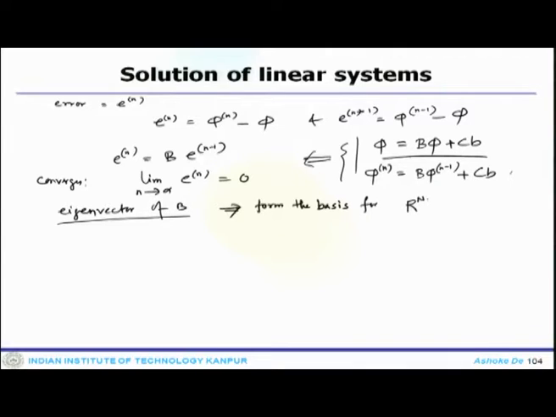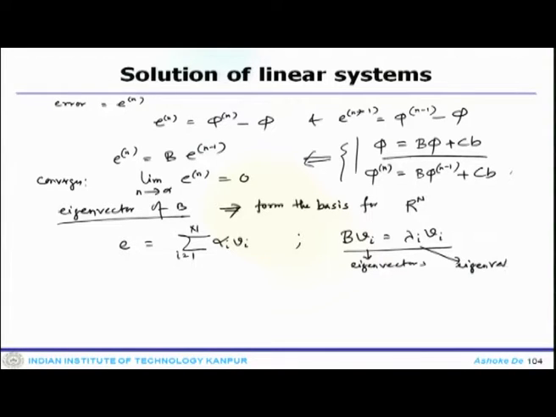This being the case, e can be expressed as a linear combination of the n eigenvectors v_i of B. So, one can write the error as the sum over i = 1 to n of alpha_i v_i, where each of the eigenvectors satisfies B v_i = lambda_i v_i. Here v are the eigenvectors and lambda are the eigenvalues.